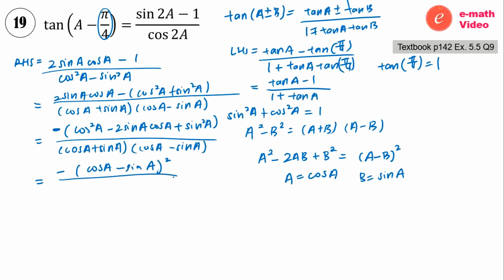And then below, copy it, cos A plus sine A times cos A minus sine A.